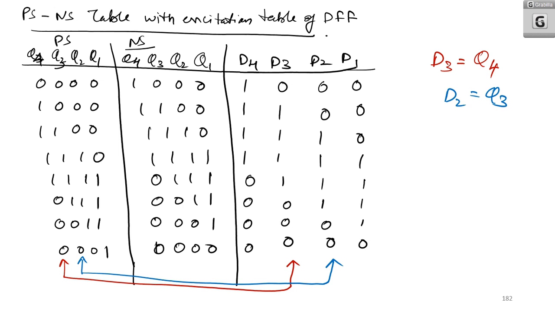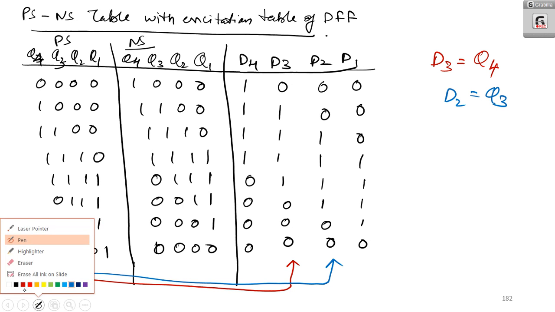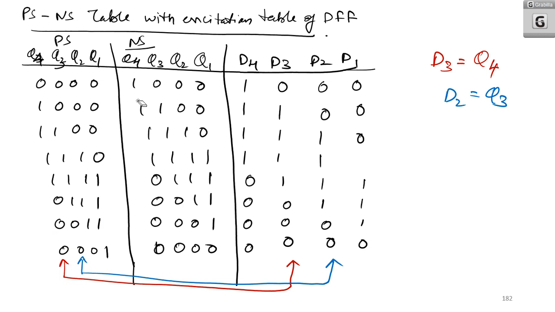Now coming into D1. I have done a mistake there in writing. Erase it. D1 is 0, 0, 0, 0, yeah, 1, 1, 1, 0, okay.